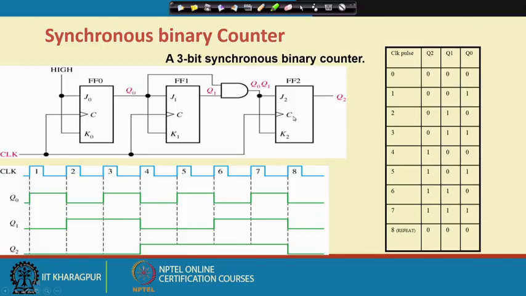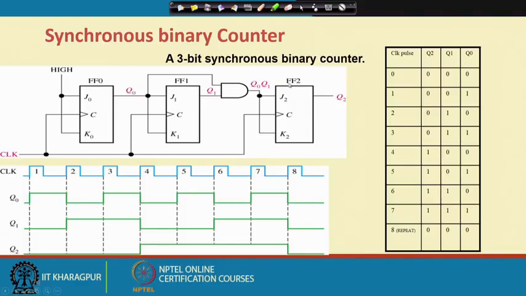While drawing the corresponding logic circuit, for flip flop 0, it will transit at every clock pulse, so its J and K are tied high directly. For flip flop 1, J and K are shorted and connected to the Q0 line, so whenever Q0 equals 1, at the next clock flip flop 1 will transit.